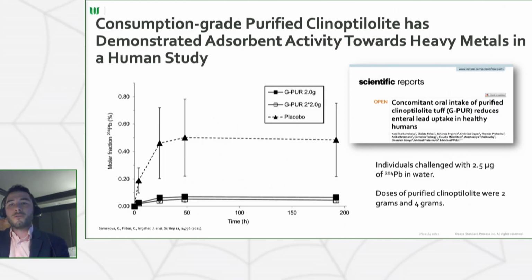It was over 95% reduction in both of them. Very similar, not statistically significant in its difference between the two, demonstrating that there's an ability for this to bind basically on what was available. So the clinoptilolite itself was very efficient at binding it, and this probably signified that it even works at much lower doses than that 2 grams, which was the lower limit.